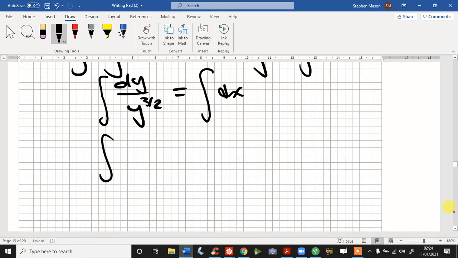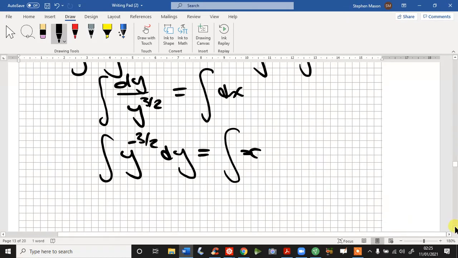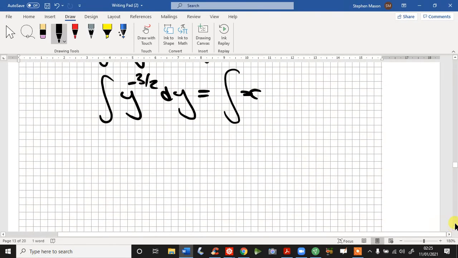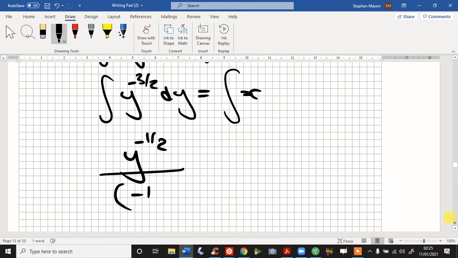So we get the integral of y to the power minus 3 over 2 dy, and that's equal to the integral of x. So we can now integrate this, and what we obtain is y to the minus a half all divided by minus a half, and that's equal to x.